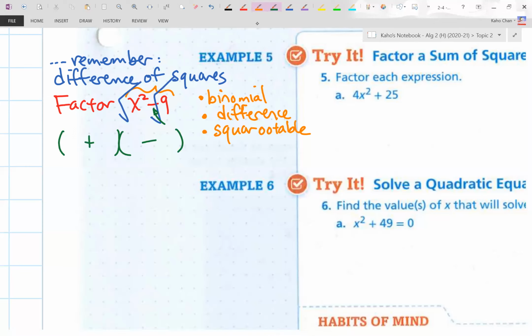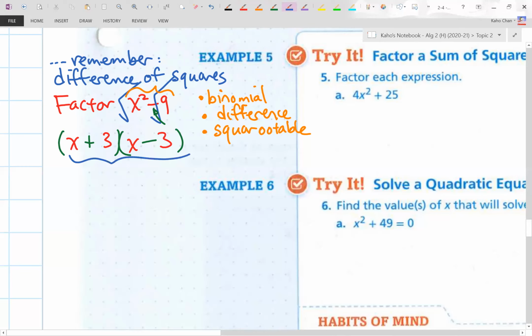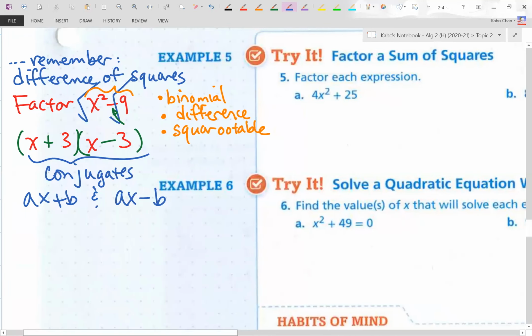In this case, the square root of x squared is x. Square root of 9 is 3. And that is your factored form. In fact, if you look at it, these are technically conjugates. Aha! Just like complex conjugates, these are ax plus b conjugates. See the connection there? If you FOIL this, the O and the I disappear.